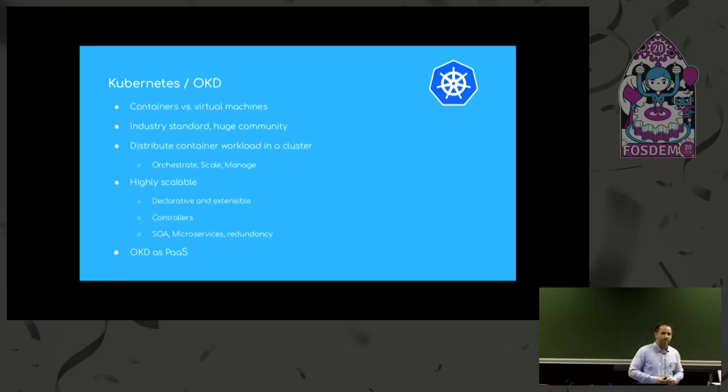Kubernetes scales quite nicely. This horizontal scalability is achieved mostly by implementing a few basic principles, which include declarativeness and the use of controllers. If you communicate with Kubernetes, you declare the desired final state you would like to achieve.